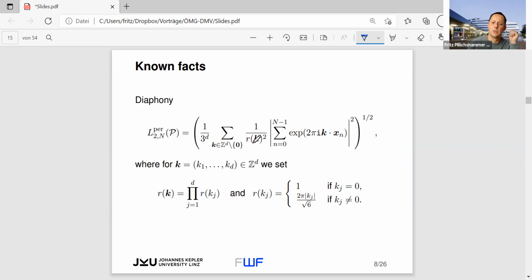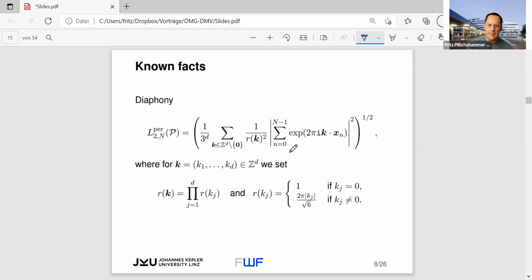These factors here, these coefficients r(k), for lattice points k are of product form in the multidimensional case, and in the univariate case they are 1 if k is 0, and if k is different from 0, more or less up to some constant the absolute value of k. If one has a closer look at this formula, one can observe already another connection to numerical analysis.